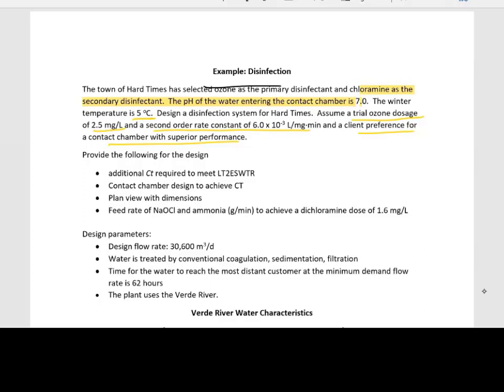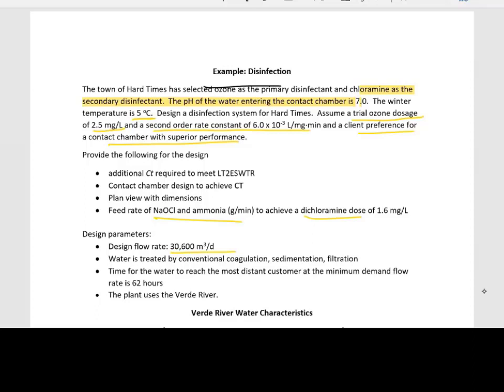We want to design the contact chamber, and then we'll just determine the feed rate of sodium hypochlorite and ammonia to achieve, and you're given a dichloramine concentration of 1.6 milligrams per liter.